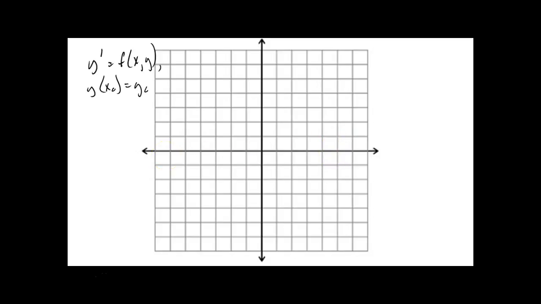And then at that point, the y value is y0. And then you go up from that point or down from that point, whether y0 is positive or negative, and you have a starting point somewhere there. Okay? Let's just say it's right there. There is x0, and this is your y0. Okay? So that's your starting point.